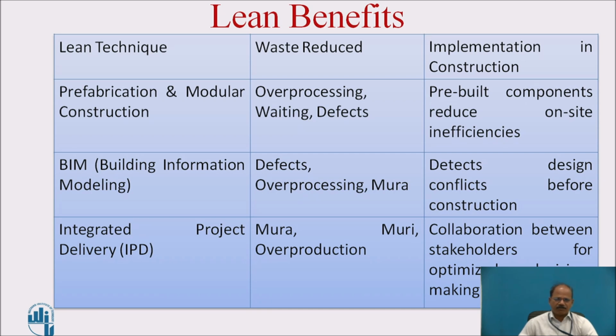Integrated project delivery is another waste reduction in Mura as well as Muri, where overproduction is emphasized, while in the construction industry we can easily find that it happens through collaboration between stakeholders and optimized efforts by all stakeholders.